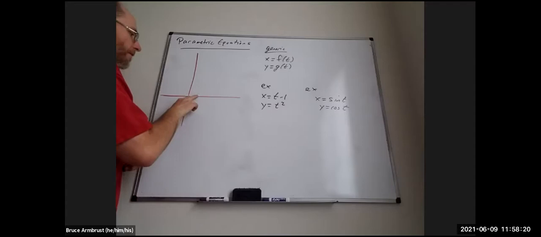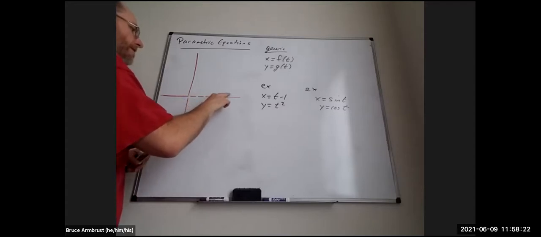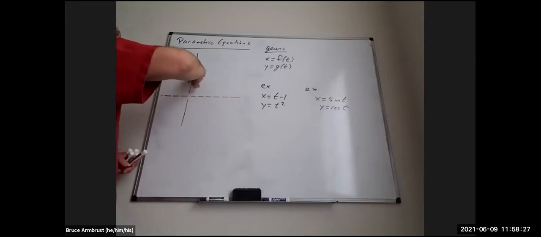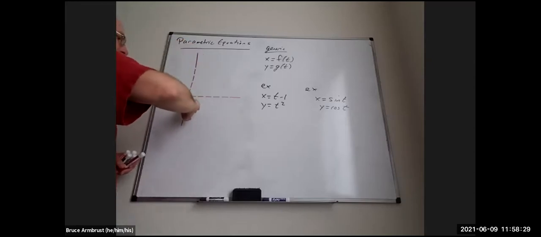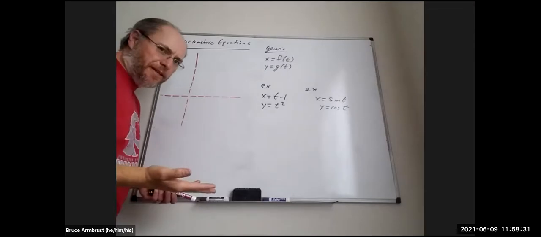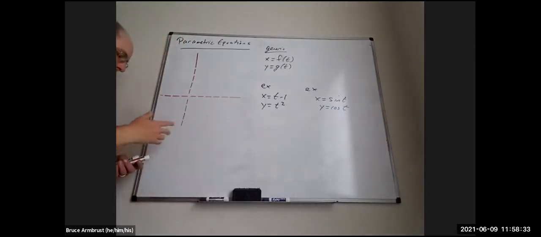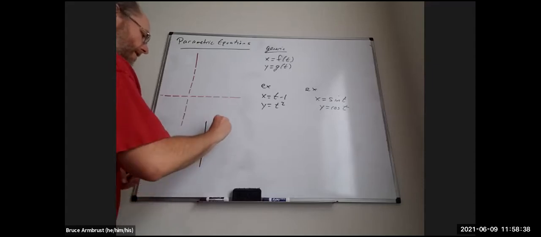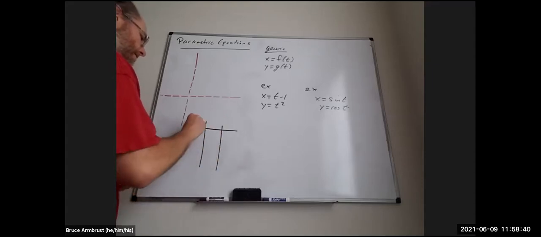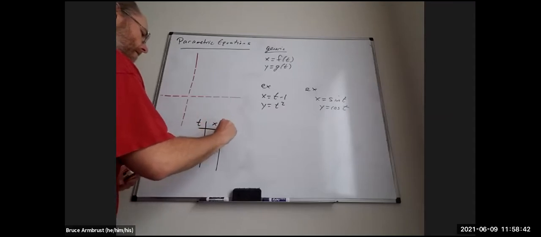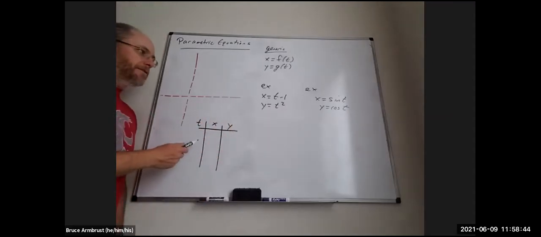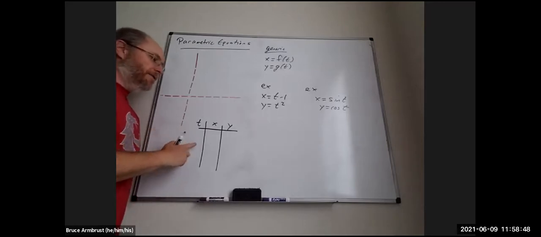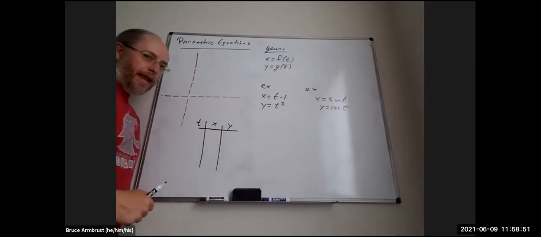But in order to figure out what points they are, I'm going to do what we did before when we wanted to draw graphs, which is just plug in numbers. You remember the t-chart, right? Except now it's not a t-chart. It's like a double t-chart, where we're going to plug in values for t, and we're going to use those to get values for x and y.